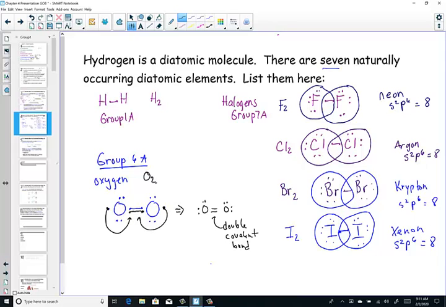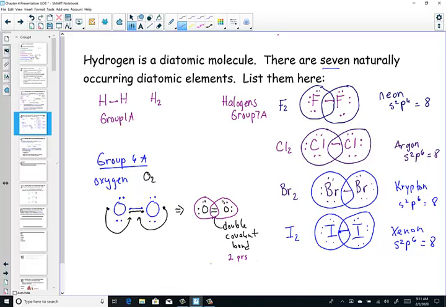We find it always combined, and in an elemental form it will be O2. Oxygen will have a double bond, so that when I count, this oxygen and this oxygen are sharing 4 electrons. 2 pairs of electrons are being shared for a double covalent bond.